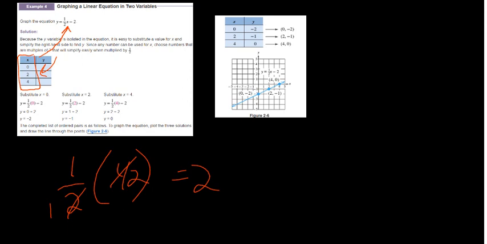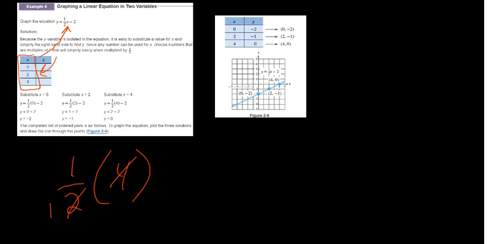Sorry, it is 2, I got ahead of myself. And then we just solve for y. We don't solve the equation, we solve for y.